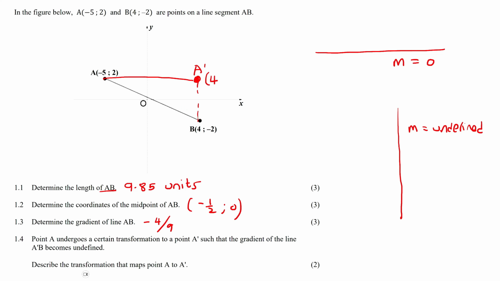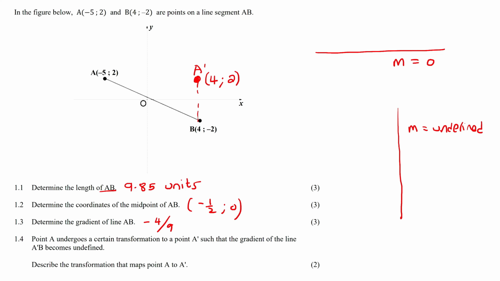So it must have the same x value. And then the y value would have to be exactly the same as this one because it hasn't gone up and it hasn't gone down. It's only gone sideways. So it must share the same y value. So this would be the new coordinates of A.